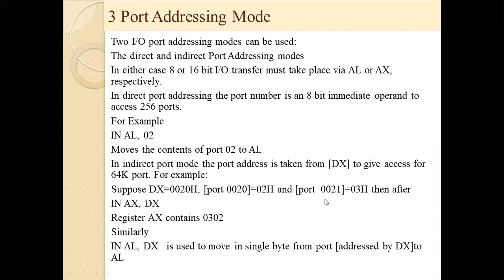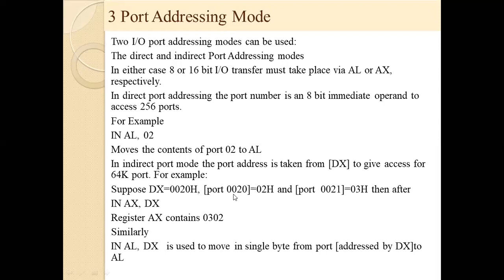So after one increment in this address, from the next address it will take 1 byte of data, and then the microprocessor will put the data inside AH. Remember AX is the combination of AL and AH. So from the first address, the microprocessor will take data from the first port, whatever address. Here the address is 0020.